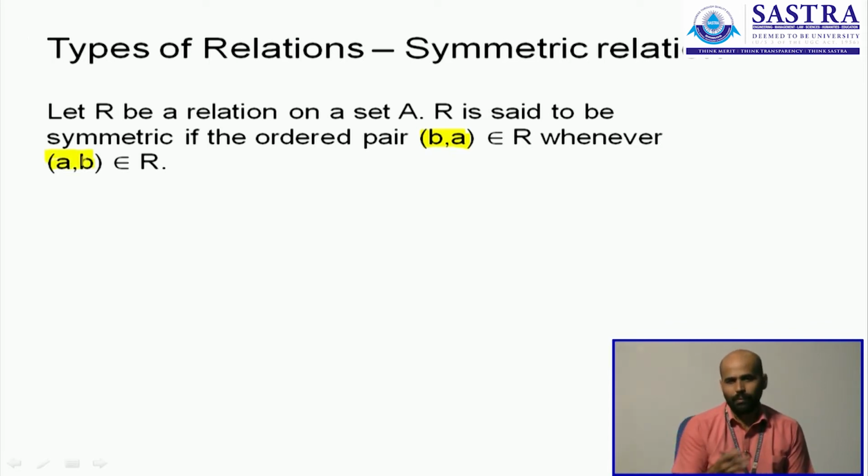So if one pair (a, b) is already part of the relation, then its symmetric opposite, the pair (b, a), when you just flip the order in which you write them, should also necessarily be included in the relation. Such a relation will get classified as a symmetric relation. There is a reason behind this specific name. We'll look at that shortly.